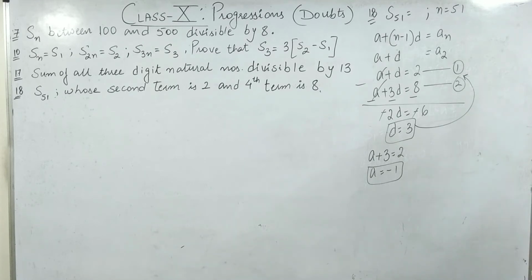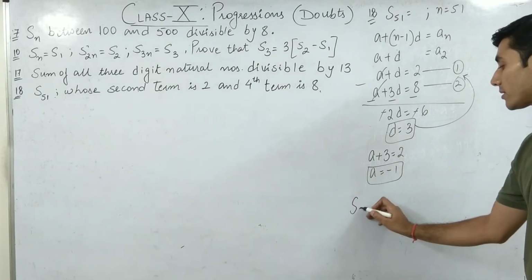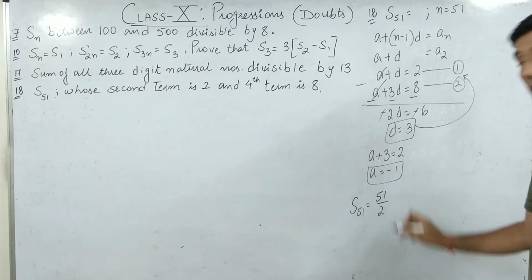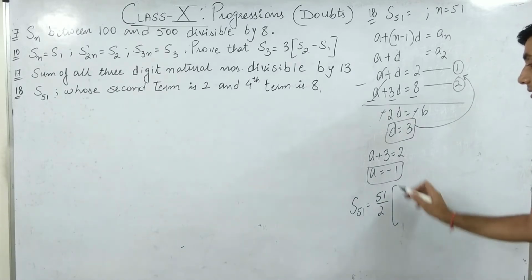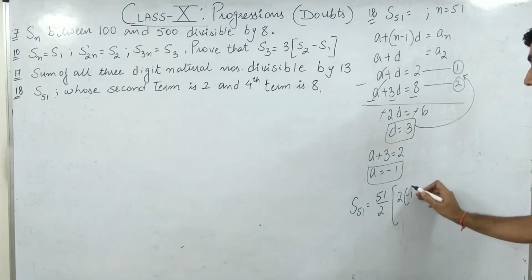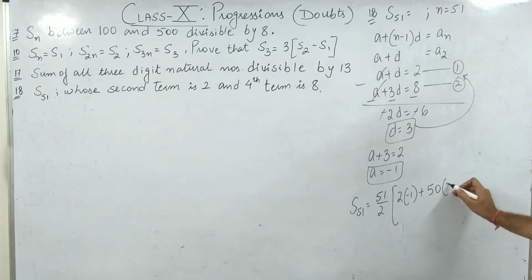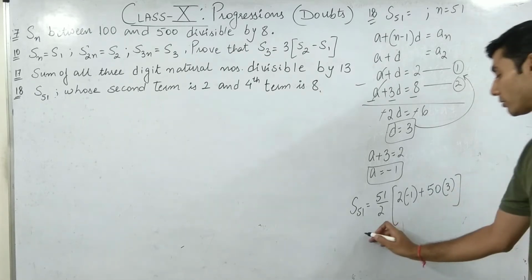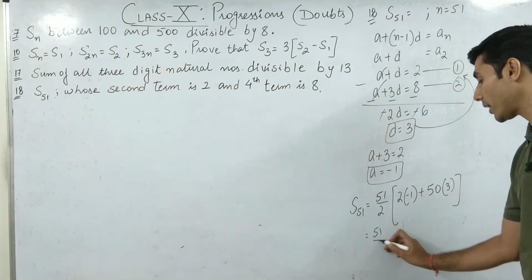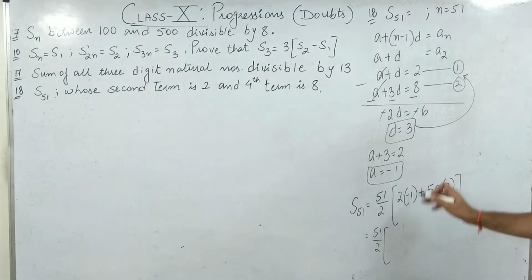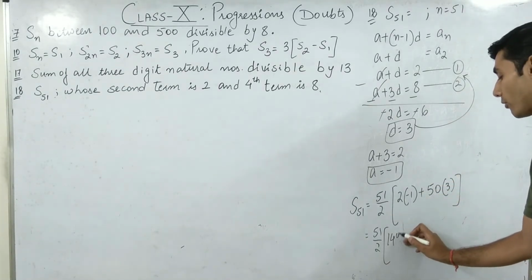You need to find out S51. So S51 should be equal to n by 2 bracket 2a plus (n minus 1) into d, meaning 51 minus 1 is 50, and into d is 3. So this is going to be 51 by 2 in bracket minus 2 plus 150. 150 minus 2 comes out as 148.